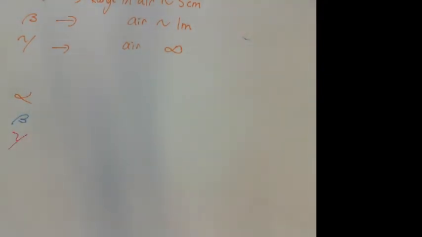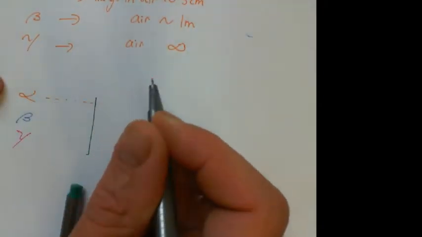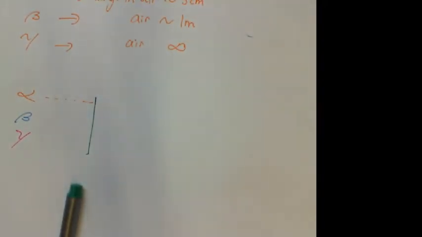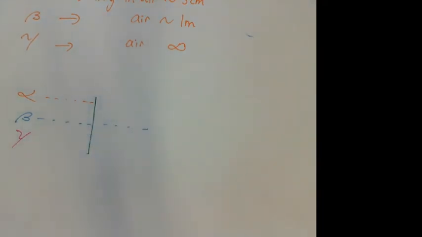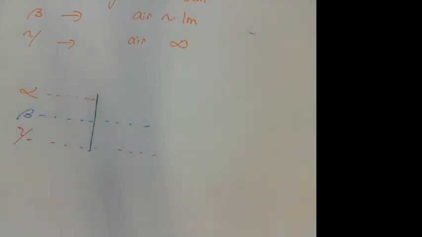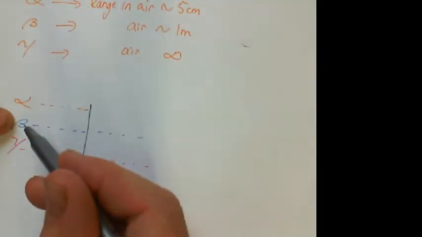and we put in front of them a sheet of paper. What happens is that the alpha particle doesn't get through that sheet of paper. The beta particle does make it through, and the gamma particle makes it through. Now if I increase the thickness of that paper, then less beta would get through.